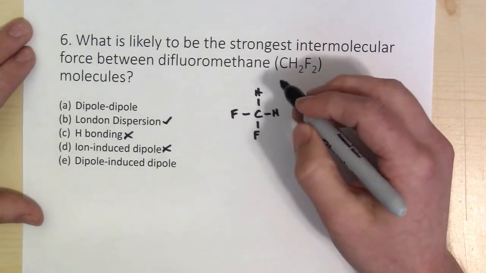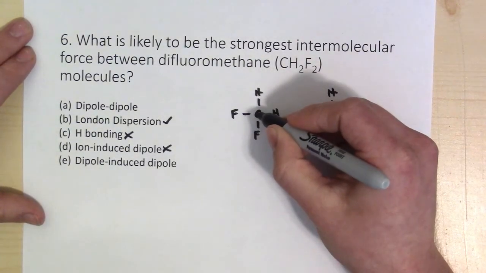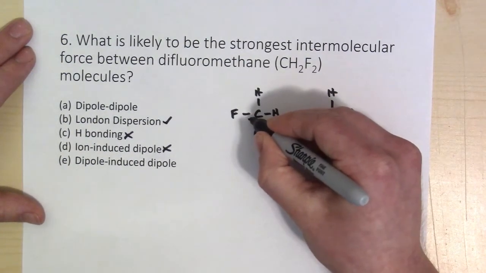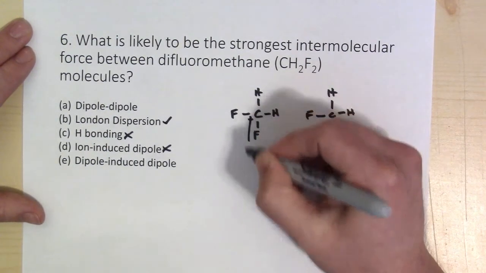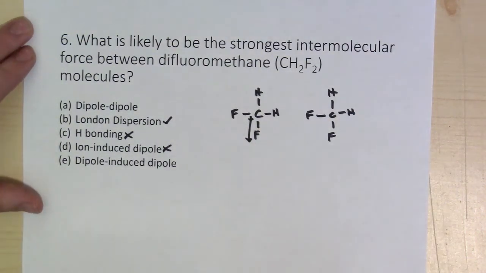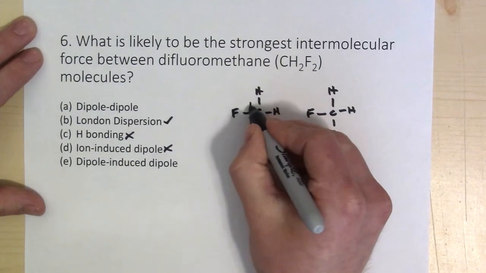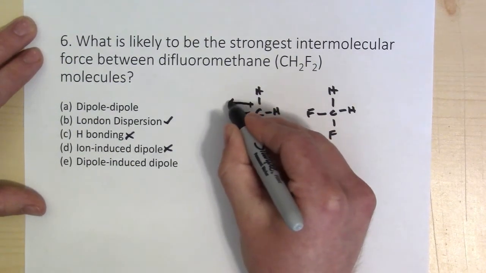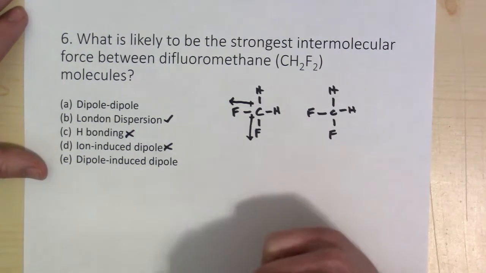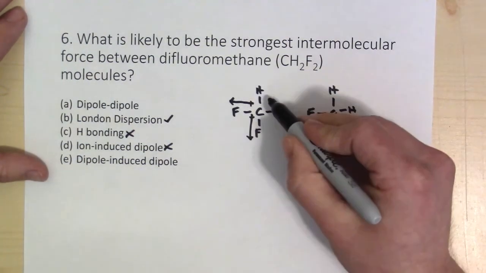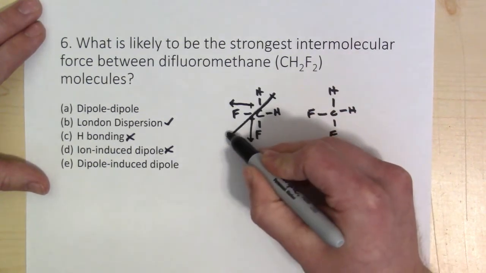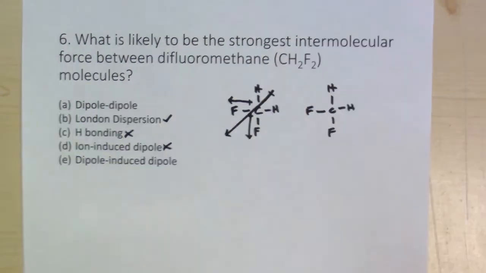So if we look at each of these bonds, the carbon-fluorine bond is going to be a fairly polar bond with the positive portion at the end of carbon, with the negative concentrated on fluorine. Fluorine is the most electronegative atom. So each of those will have a bond dipole, so that'll give this molecule a molecular dipole overall, with the positive portion over here pointing towards the fluorines.